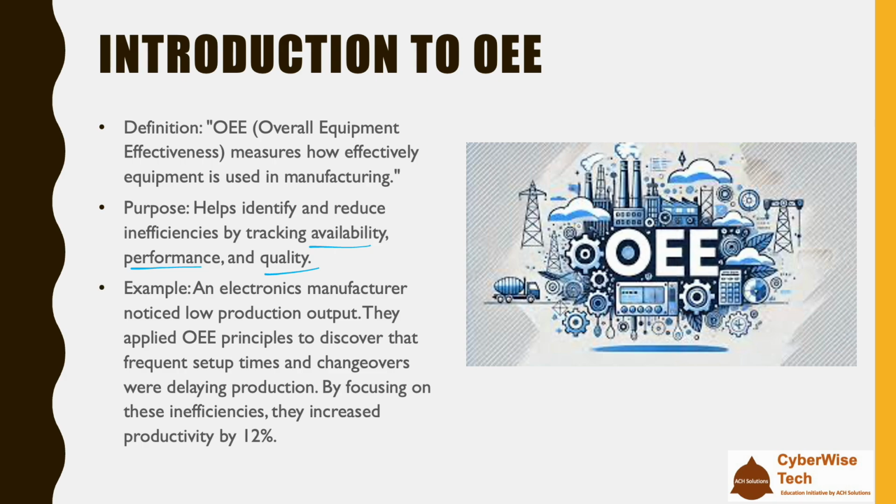Example: an electronics manufacturer found that they were losing time due to frequent changeovers. By addressing this, they significantly improved their production output. OEE provides a lens to uncover and resolve these hidden issues. In this one, by focusing on these efficiencies, they increased productivity by 12%.